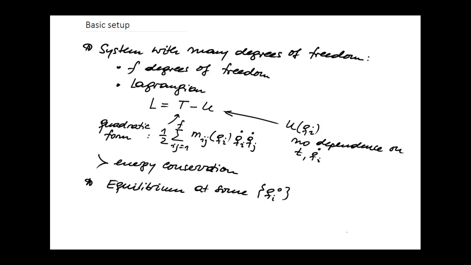So you can think of, say, a system of many masses, and these masses are all connected with each other by elastic springs, for example.